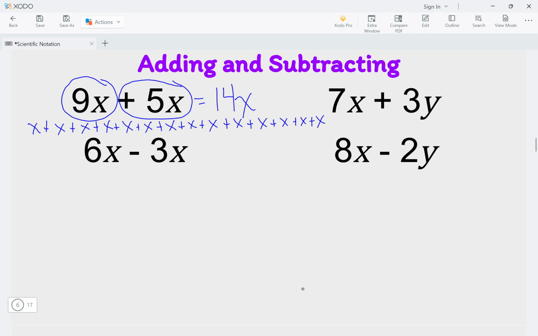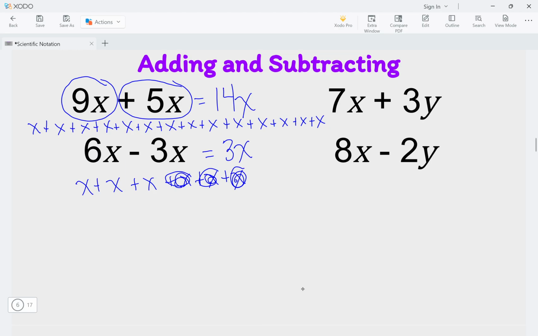Okay, similarly right here, if I'm subtracting, if I have 6 x's, that's the same as x plus x plus x plus x plus x plus x. And if I subtract 3 of these, that would be 1, 2, 3. So I would just be left with 3 x's.